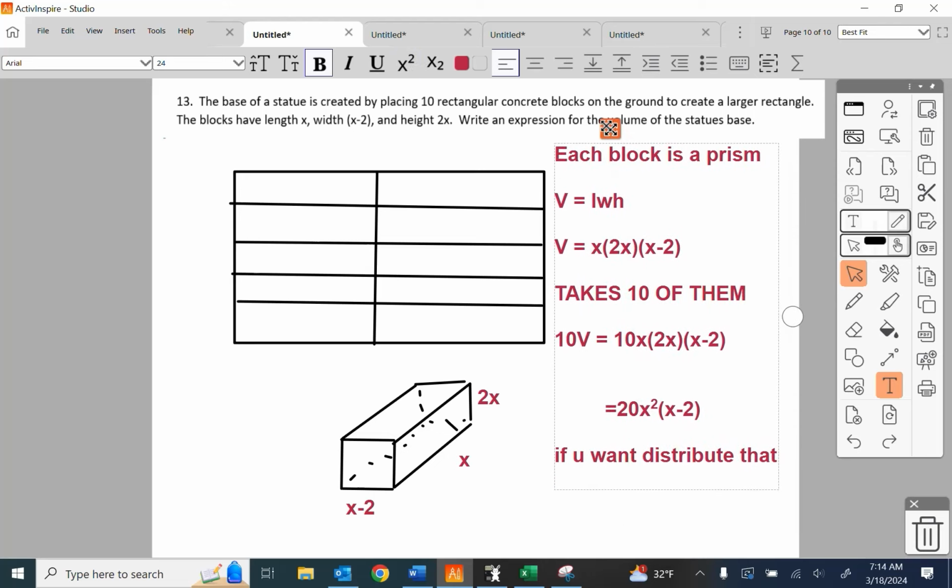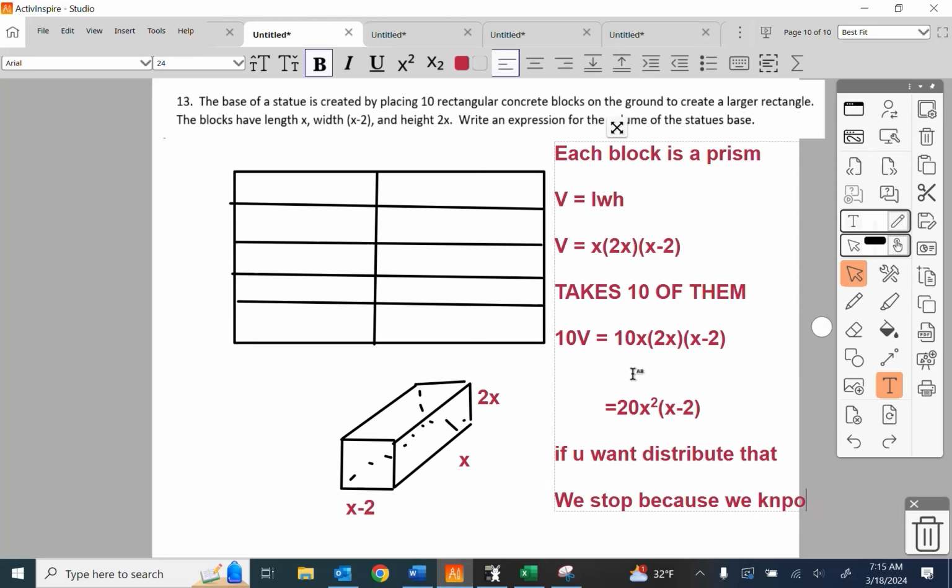It may not become apparent to kids, to most students, why a lot of times we stop there. We stop because we know, if we think about domain, and that's part of it, that x has to be greater than 2. Otherwise, there is no volume.